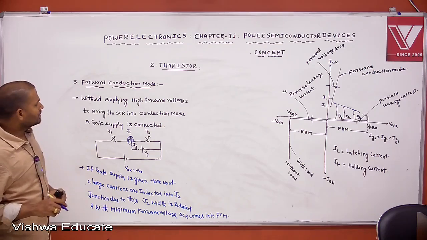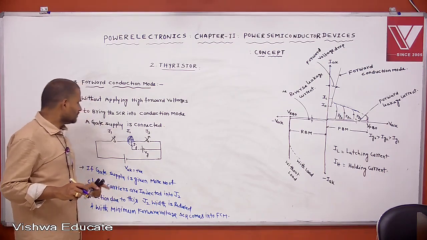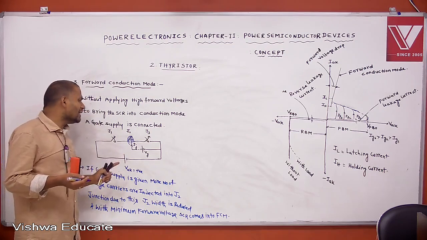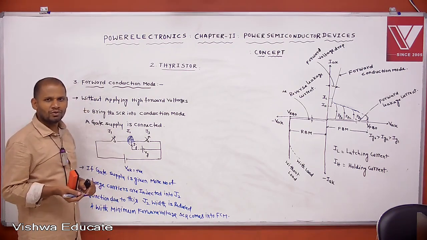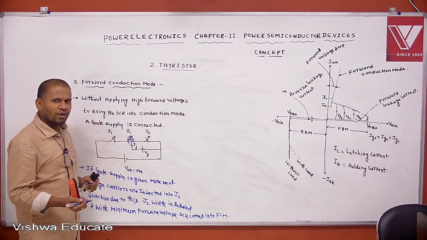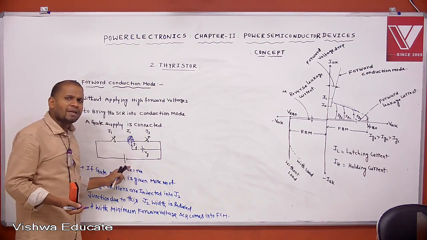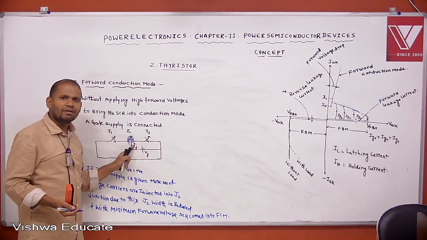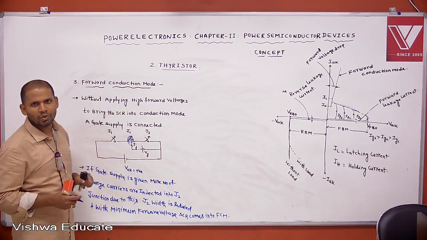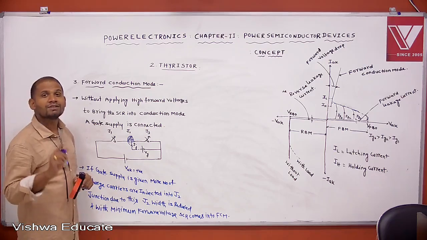Now the question is, by connecting the gate supply, we are bringing the SCR into conduction mode. Is it possible, without applying any forward voltage, only by connecting the gate supply, to bring the SCR into conduction mode? No, it is not possible.